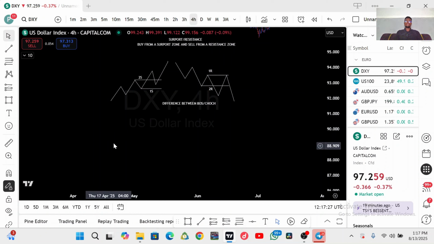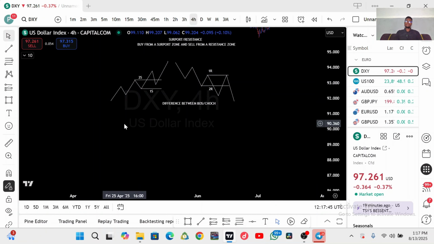So the presence of a BOS is noticed when the market gives a particular trend. Very simple. You want to see a series of BOS. That's all. Just like we kept saying, boom, boom, boom, BOS, BOS keep happening. Now, change of character happens when there is a sudden change in the direction of the market.